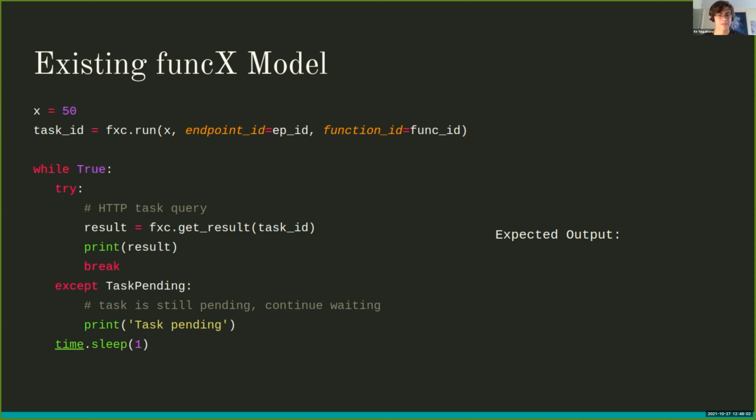Since our double delayed function takes 1 second, we would expect it to print out task pending, and then hopefully within 1 second we get our result, which is 50 doubled, so 100.